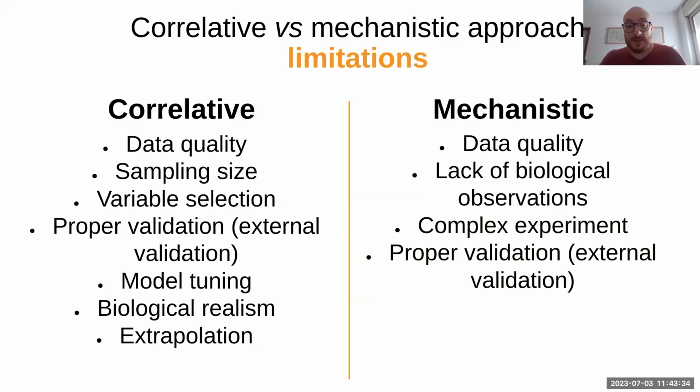And the experimental setting is often complex, and it takes a lot of resources to carry out these experiments, and then often it lacks proper validation again. So it's difficult to find proper external data for external validation.